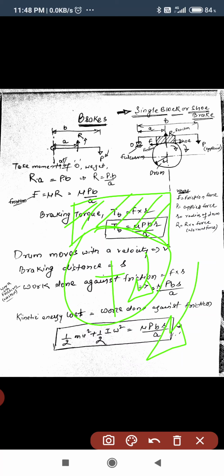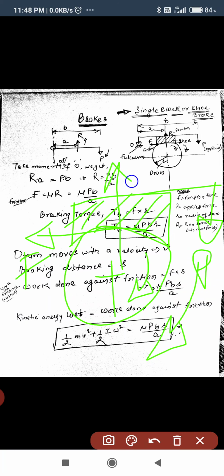When it rotates clockwise, the frictional force acts oppositely, which I write as F. Then the reaction force: when we push the effort applied from the shoe to the drum, force P is applied manually, that is the effort. Its reaction force will act opposite, and I write this as R, the reaction force. And this is all about the free body diagram.